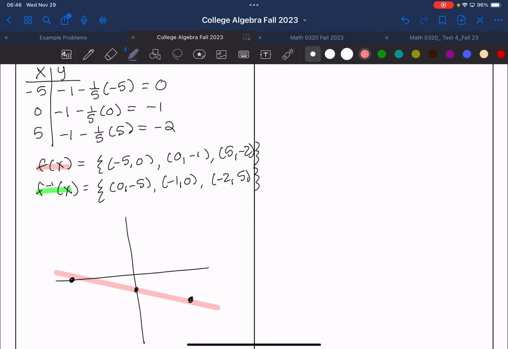And then I'm going to do the same thing for my inverse points. So now I'm plotting the opposite. So now 0, -5, -1, 0, and -2, 5. So somewhere up here.